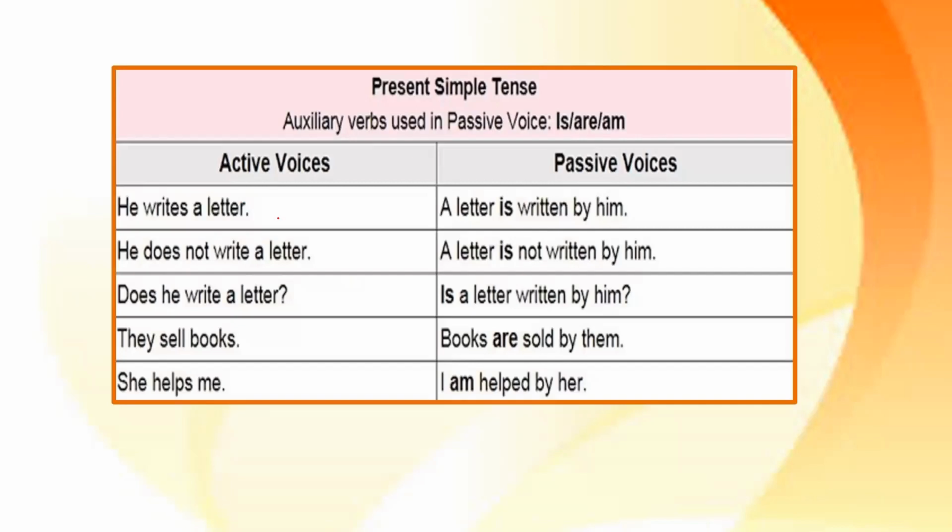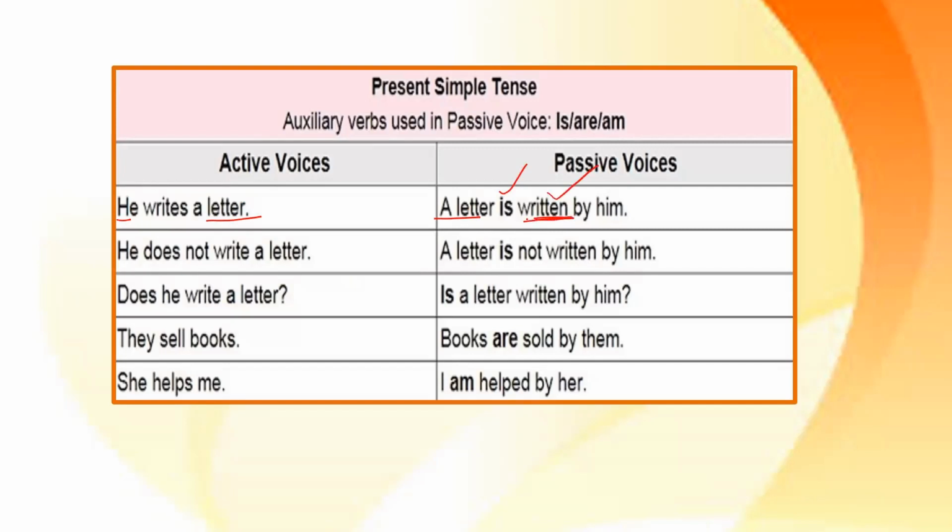So let us see first the simple present tenses, how they change grammatically in passive voice. He writes a letter. Subject is here, object is here. So a letter, now you could observe here, the object has become the subject in passive voice. A letter is written by him.